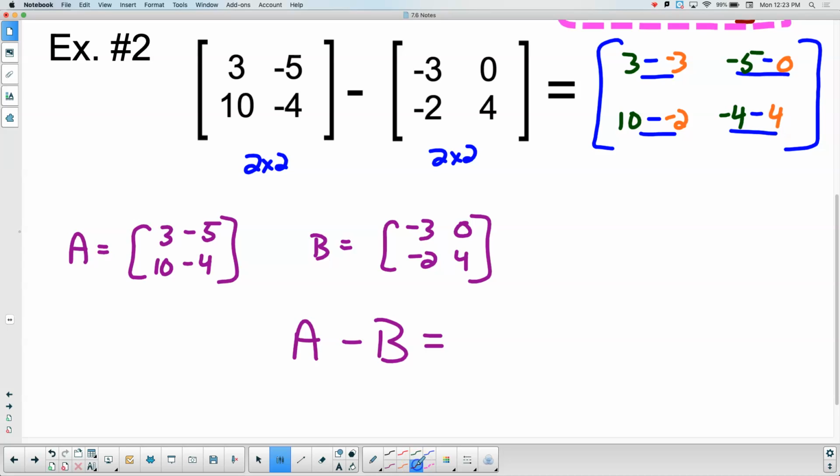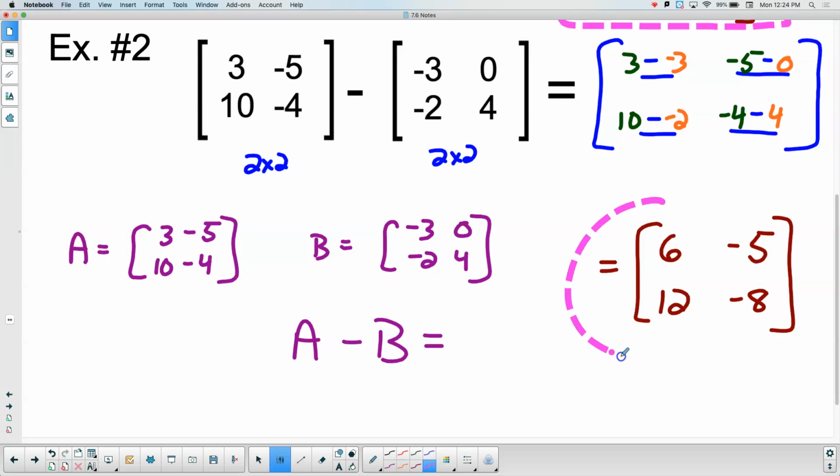So that gives me a result of 3 minus negative 3 is 6. Negative 5 minus 0 is negative 5. 10 minus negative 2 is 12. Negative 4 minus 4 is negative 8. So I get the 2 by 2 matrix, 6, negative 5, 12, negative 8.